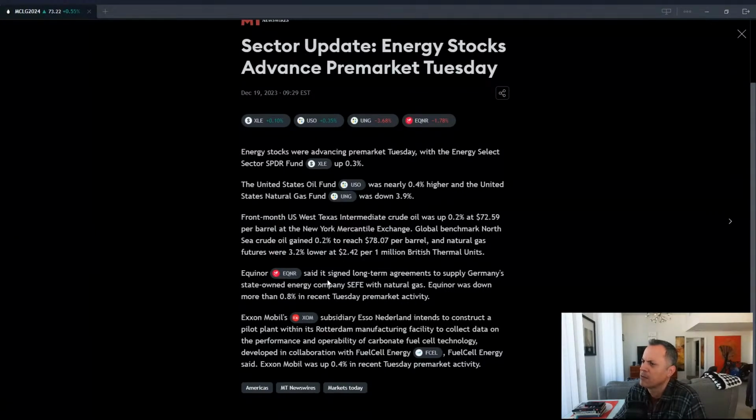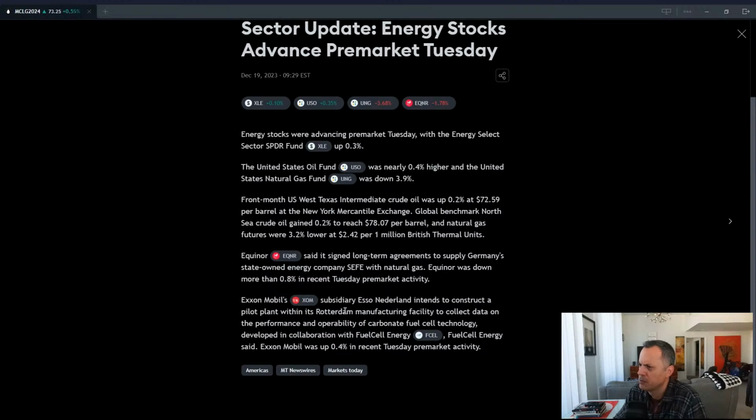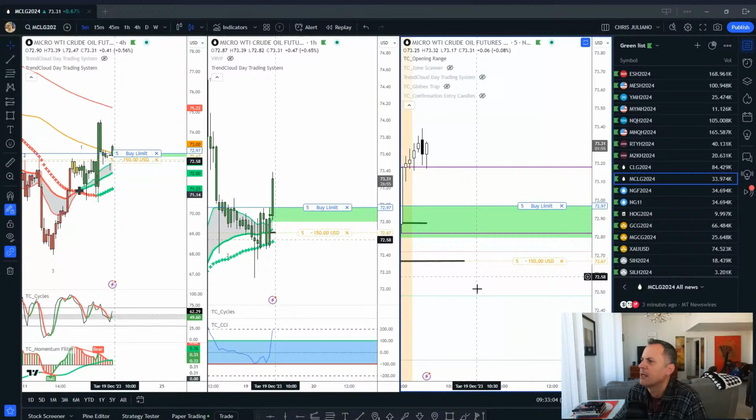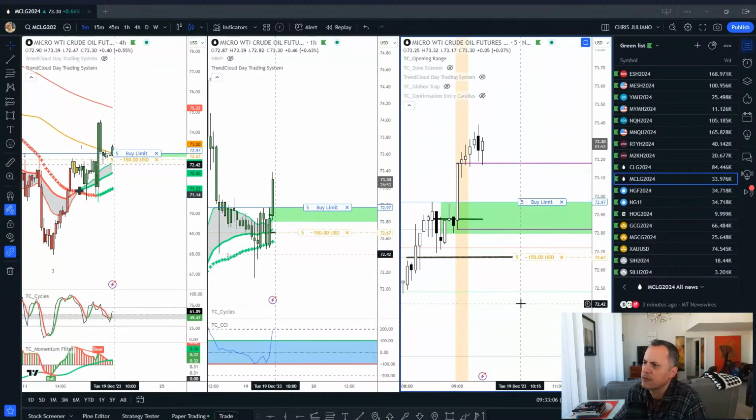Equinor said it signed a long-term agreement to supply Germany's state-owned energy. ExxonMobil, Esso, Netherlands intends to construct a pilot plant. This is all nonsense. I don't know what any of that means. Do you guys have any idea what any of that meant?